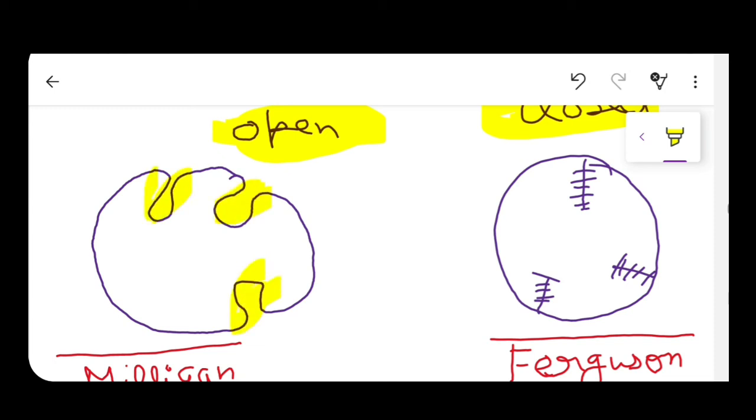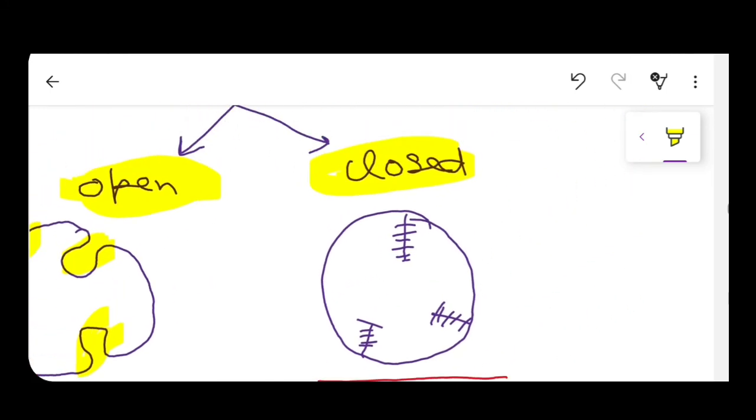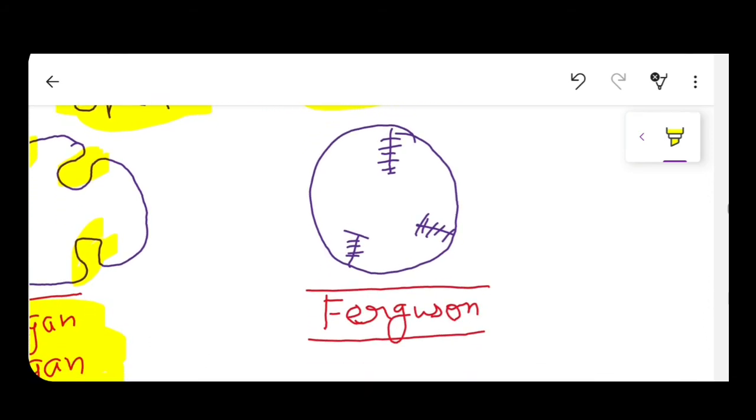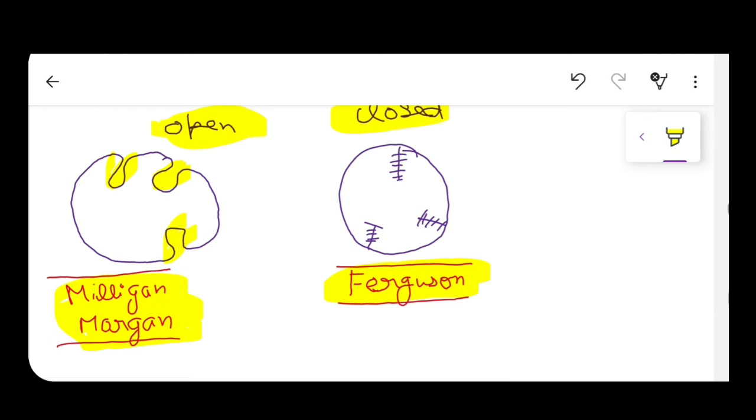This is also known as Milligan-Morgan hemorrhoidectomy. Now guys, second is the closed type hemorrhoidectomy, in which we suture it back after the procedure. This is also known as Ferguson hemorrhoidectomy. So guys, these are two types of hemorrhoidectomy.